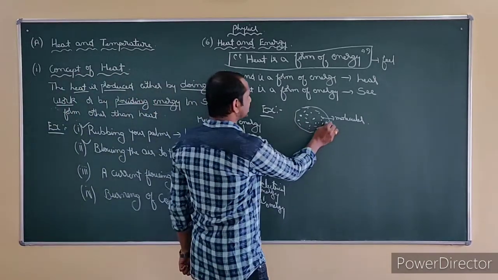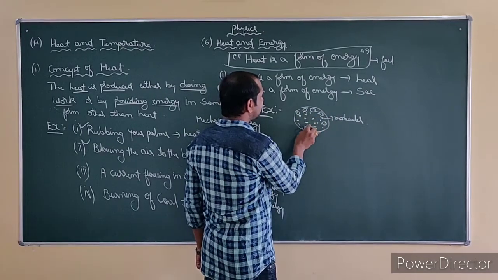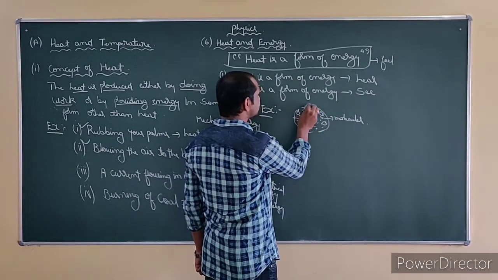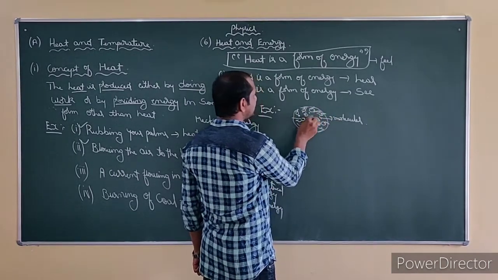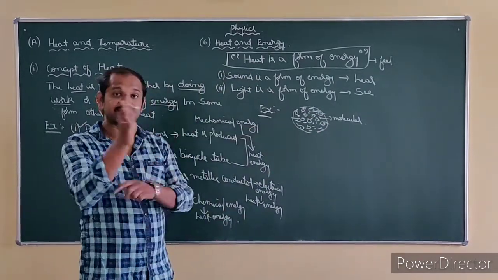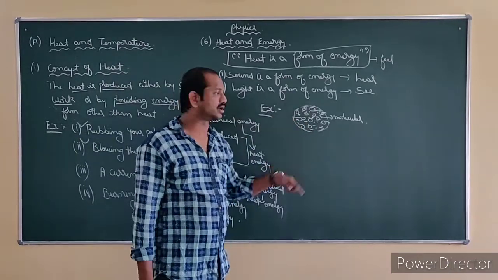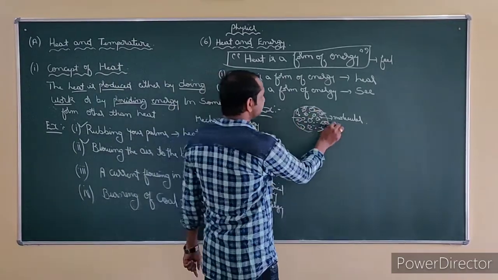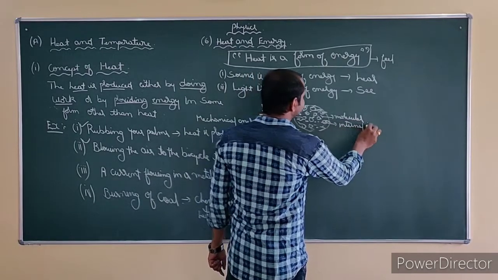It will keep on hitting the surfaces of the walls like this. It will be in a random motion. Means it is having kinetic energy, or the internal energy we can call. Whatever the energy inside is known as internal energy.